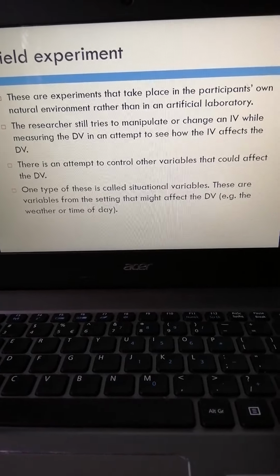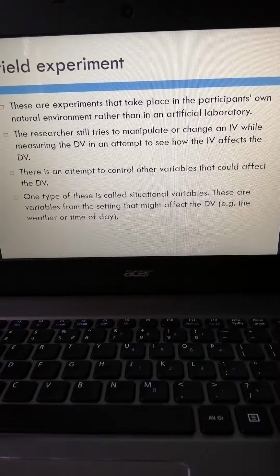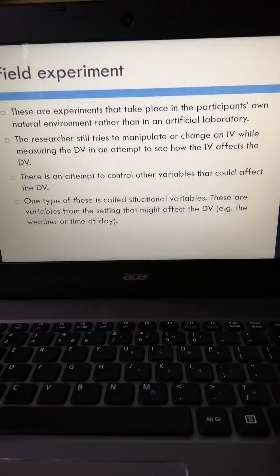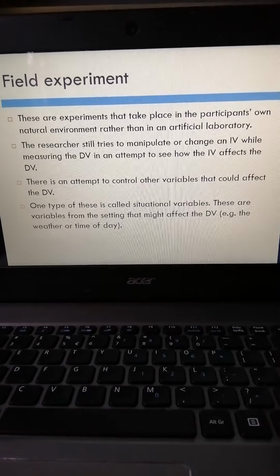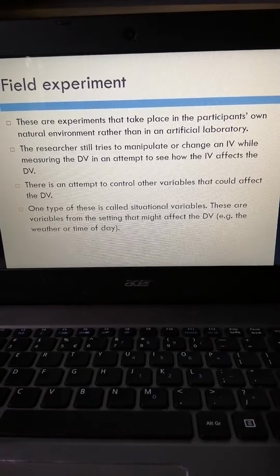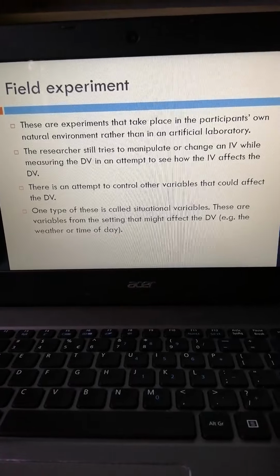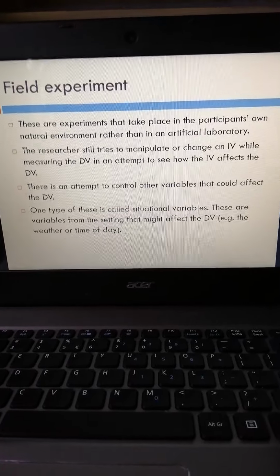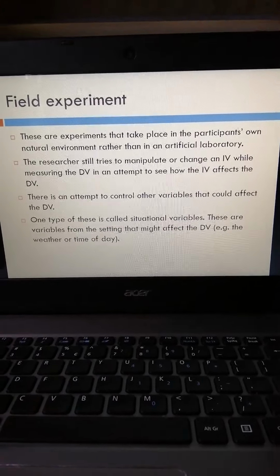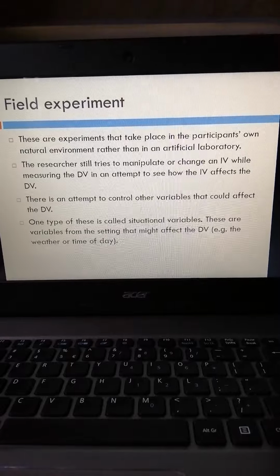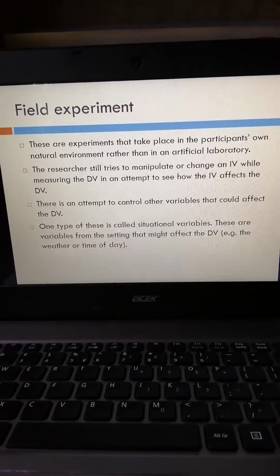Okay, other examples is the setting that might affect the DV. Example, the time of the day other than the weather just now. It could be the time of the day. For example, in Piliavin's study on helping behavior, it can be very hard for the psychologists, the observers, the experimenters to record the behavior of the participants as it can be quite hectic when there's a lot of passengers at the same time.